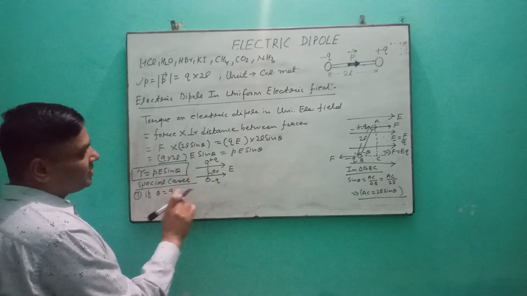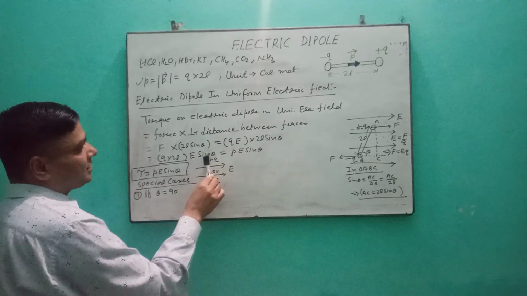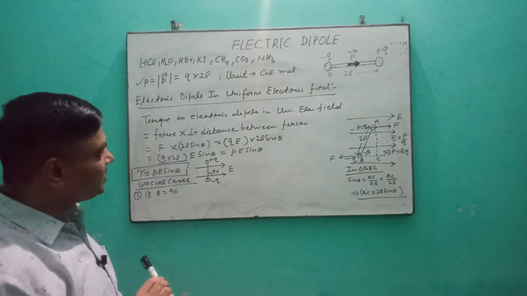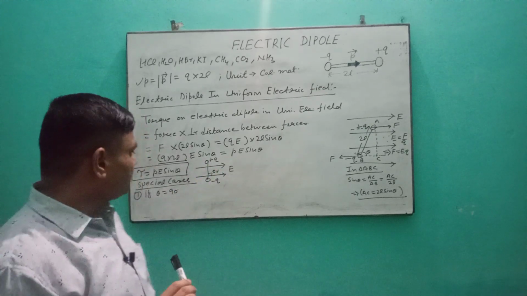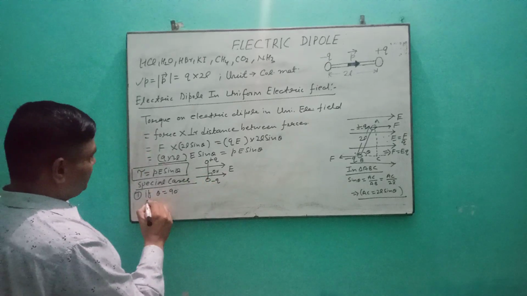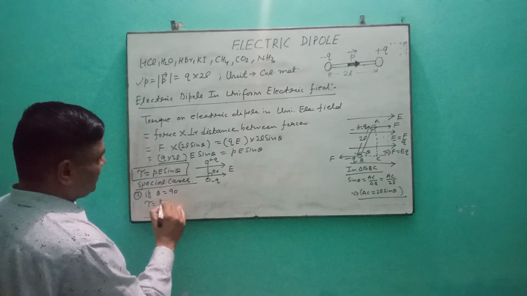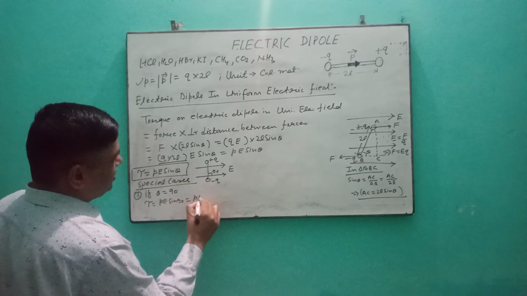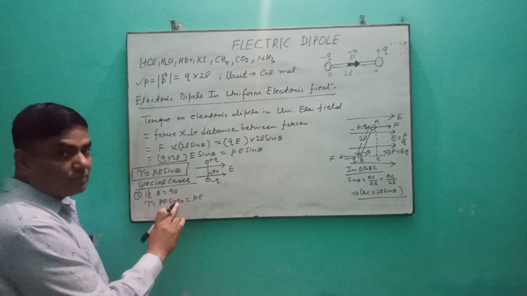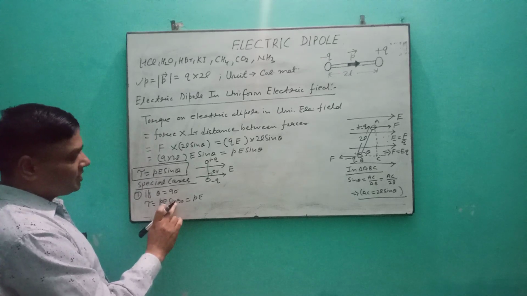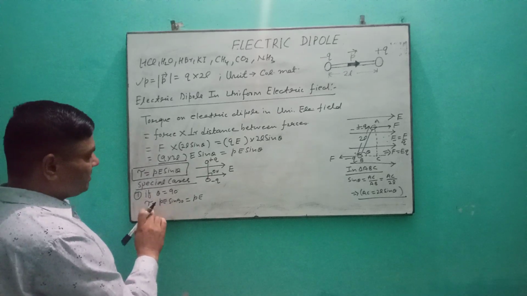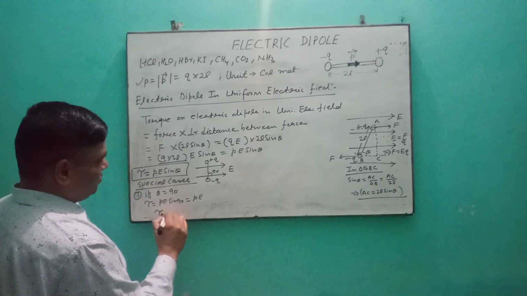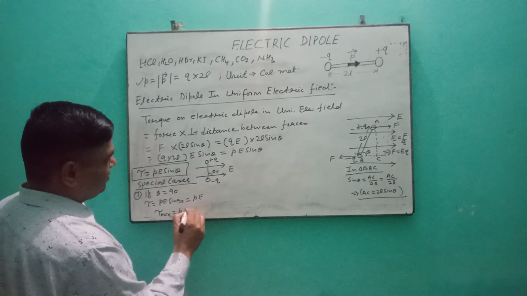The angle between the axis of the electric dipole and the electric field is 90 degrees. So torque on this electric dipole is P into E into sine 90, which is equal to P into E. Sine 90 is the maximum value of sine, and it is 1. So tau will be maximum. Tau maximum is equal to PE.